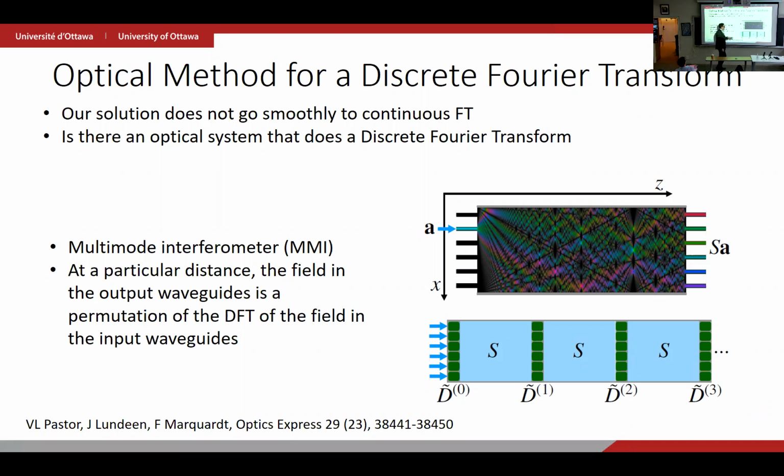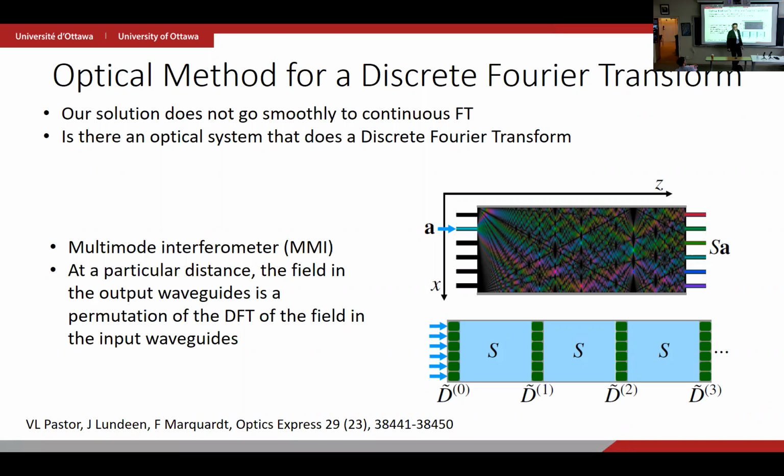So we invented a way of doing a DFT, which is a lot like how a Fourier transform works, in the sense that you just create a big box with high sides that ideally would reflect all the light. And then you have a number of modes coming in. And what happens is you get sort of self-imaging of the modes at particular points.